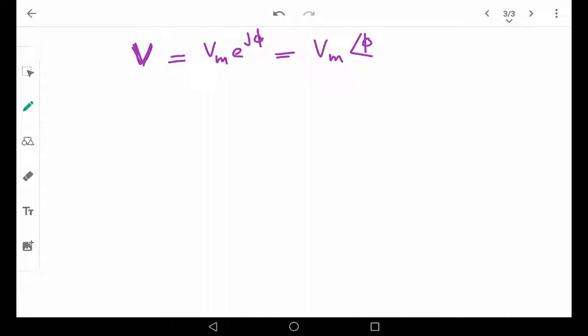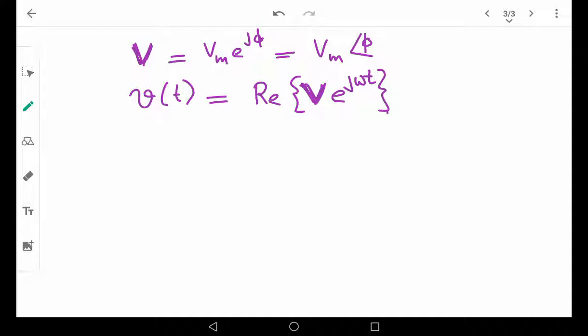And in that case, the corresponding time domain signal is v of t equal to the real part of that phasor V times e raised to j omega t.